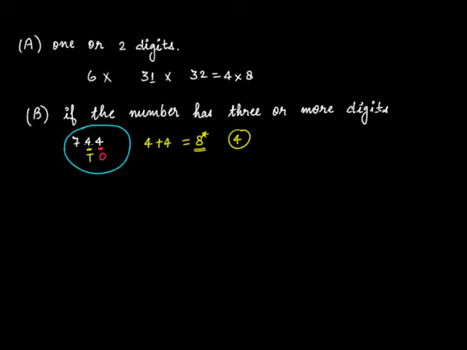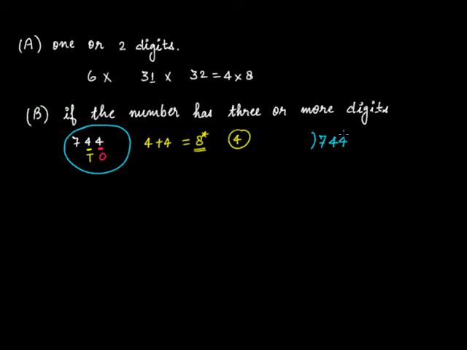In this case, this number is divisible by 4, and you can cross check it, like this is 744, right? And we say that if you add the digits at the ones and the tens place, and the number obtained from adding those two digits is divisible by 4, then the whole number will be divisible by 4.